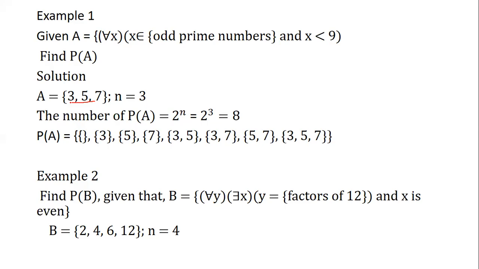Is it okay? Yes, sir. Good. So that's why we got the set of 3, 5, then 3, 7, then 5, 7. Therefore, the power set of A now is the set of all these, which contains 8 subsets.